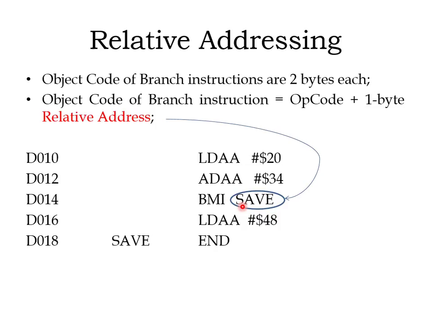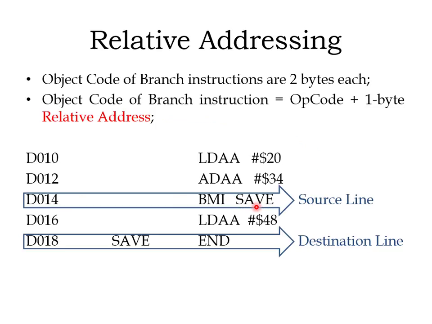In this specific line, the label is SAVE. But SAVE is just a name given by us. I can give any name I want. It's just a label. But how do I calculate it? I highlighted that the relative address will be calculated just for the label SAVE in this case.